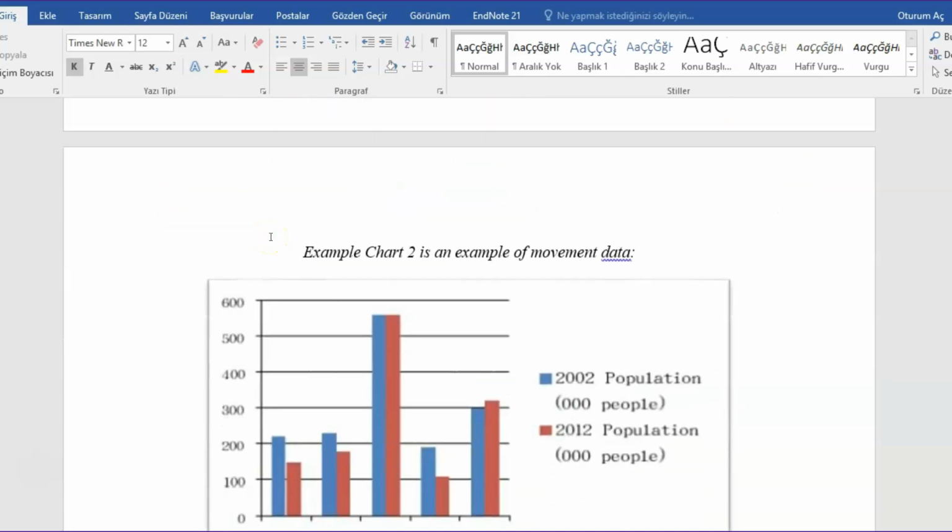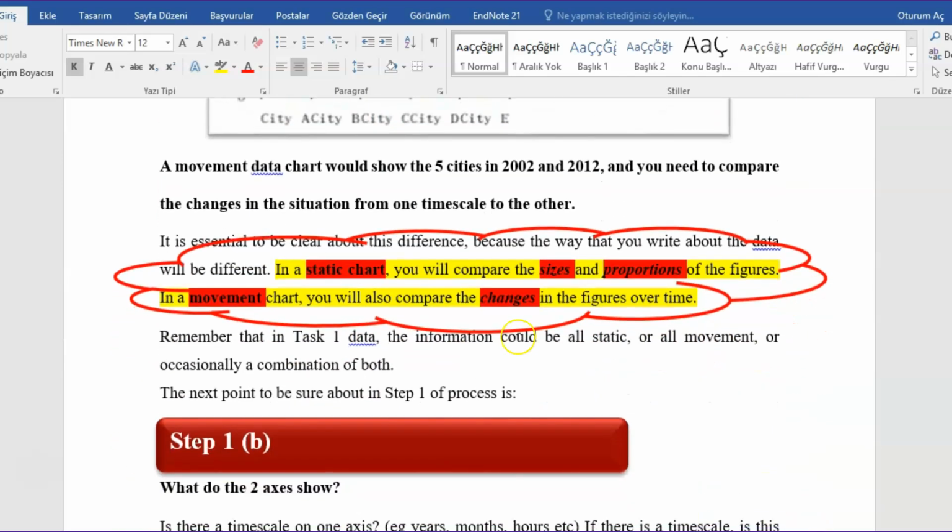If we know that we have a static chart, what we should do in this situation is talk about the sizes and the percentages of the figures, okay?